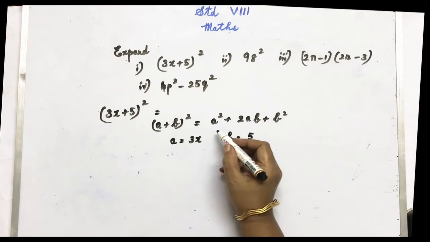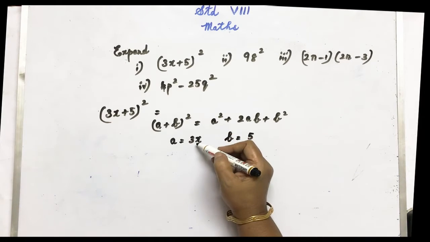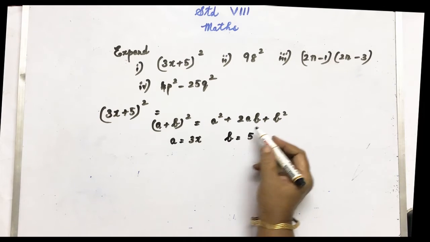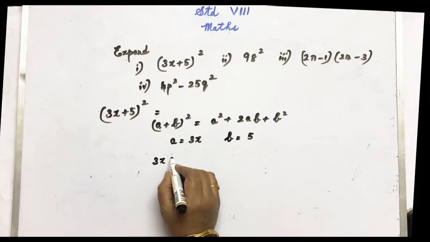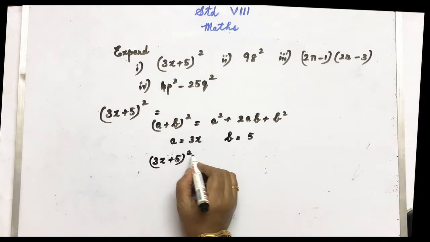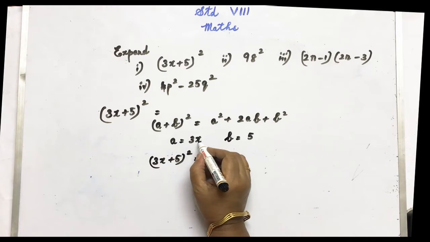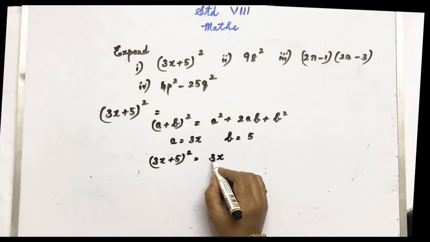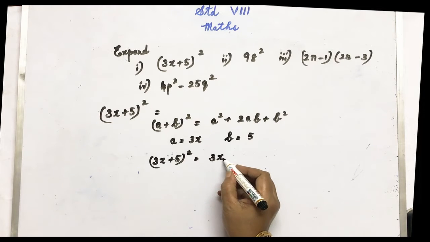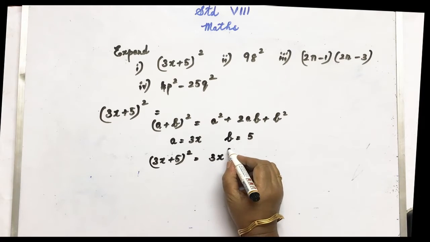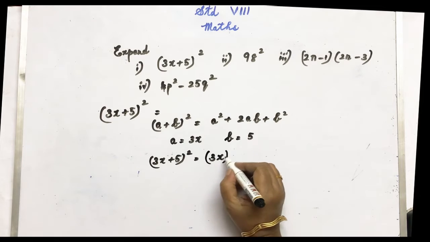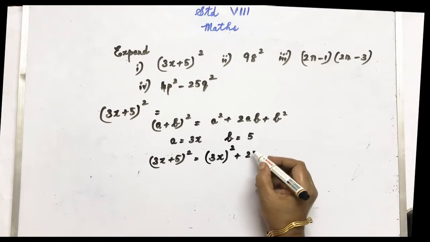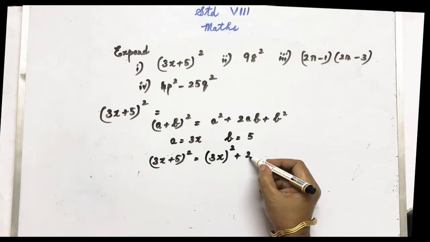Now we have to replace. In the place of a we have to replace 3x and in the place of b we have to replace 5. So now (3x plus 5) whole squared is equal to, in the place of a we have to write 3x. Here we are having one constant and one variable, so it is not enough if we put squared, we have to put whole squared, plus 2 into, same 2 we should write.